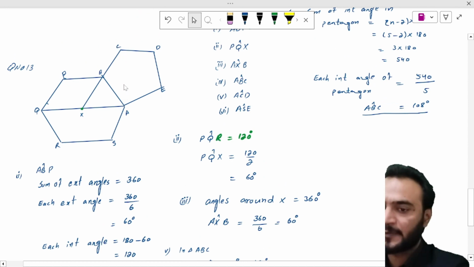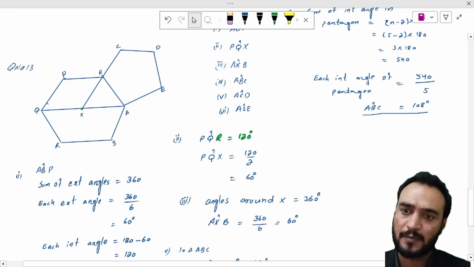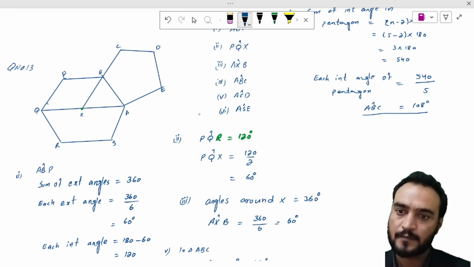So let us join the points S and E with the help of a straight line. So this is the triangle ASE, and this angle ASE is required. We have to find this angle.